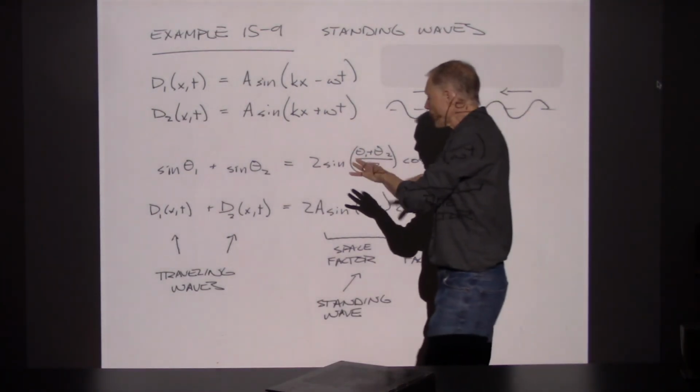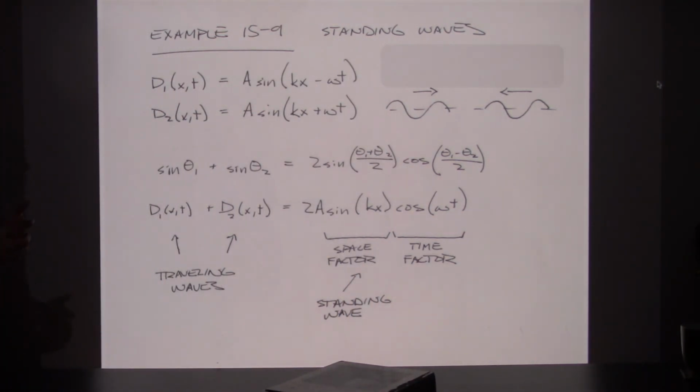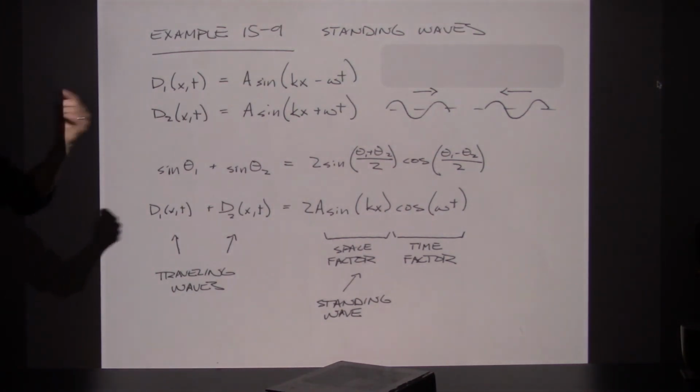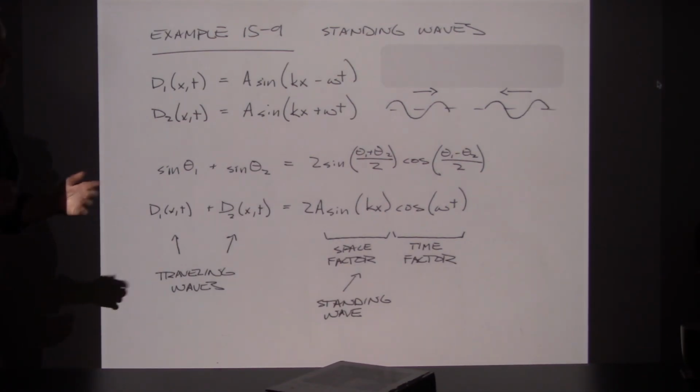So this is our mathematical representation of how a standing wave is the equivalent of two traveling waves going in opposite directions. It's superposition, right?